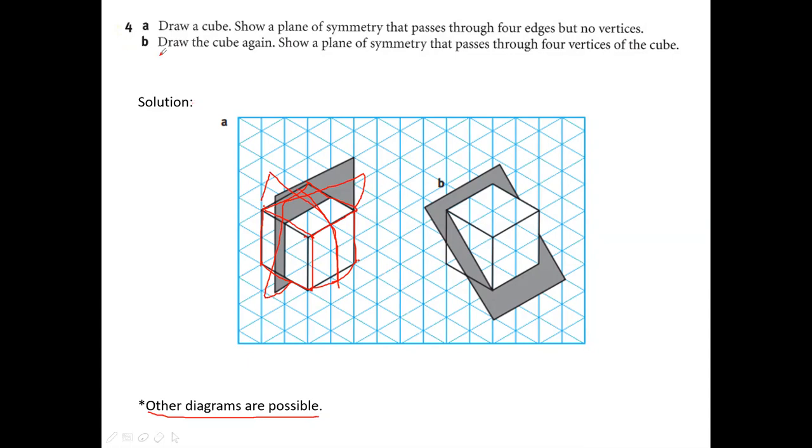In question B, draw the cube again, the same cube. Suppose if you take 2, 2, you take the same cube. If you take 3, 3, again you draw the same cube. This time what he's asking is, show a plane of symmetry that passes through 4 vertices. Here you want 4 vertices. So look here, I'm drawing. It is 1 vertex, 2. If I join here, it will not be a plane of symmetry.